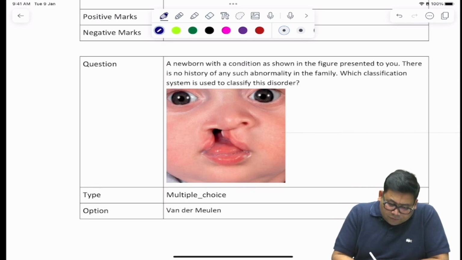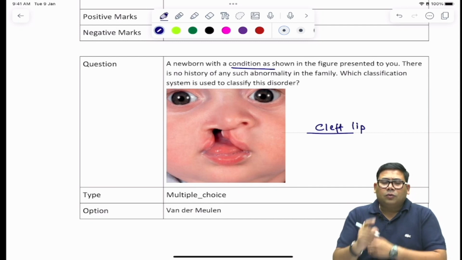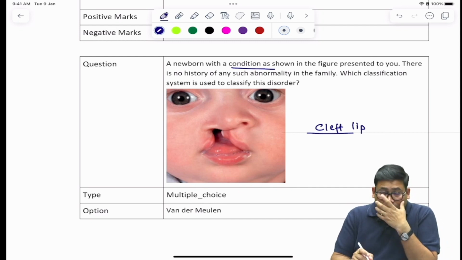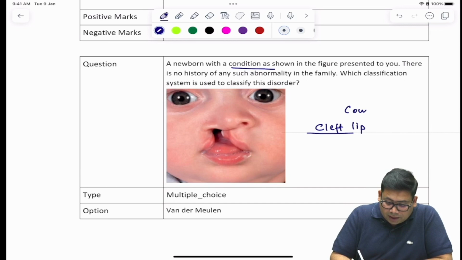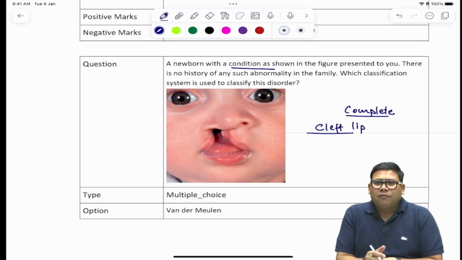A newborn with the condition shown. So what are you seeing here? This is a cleft lip, and this cleft lip is going into the nasal cavity. So what type of cleft lip is this? This is a complete cleft lip. What is a complete versus incomplete cleft lip?